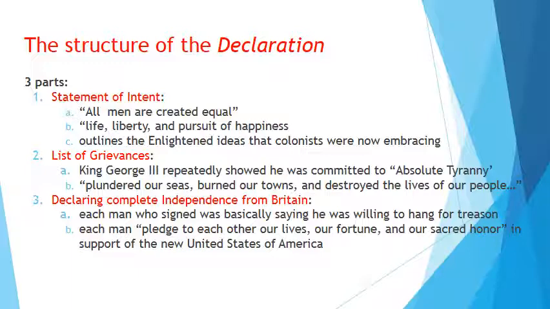The second part is a list of 27 grievances, 27 things that King George and Parliament had repeatedly done to show that he was committed to being an absolute tyrant.